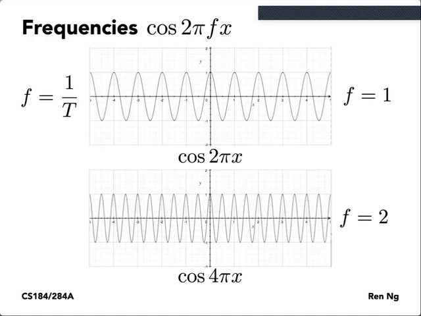So in particular, if f equals 1, we have cosine 2 pi x, which has a period of 1. Okay, so 1 sinusoid per unit interval. If we have f equals 2, then we have cosine of 4 pi x, which of course has 2 oscillations in 1 unit interval. So we're going to refer to them as having a frequency of 1 or a frequency of 2, f equals 1, f equals 2.